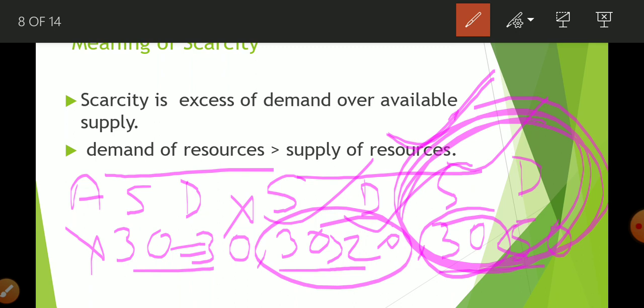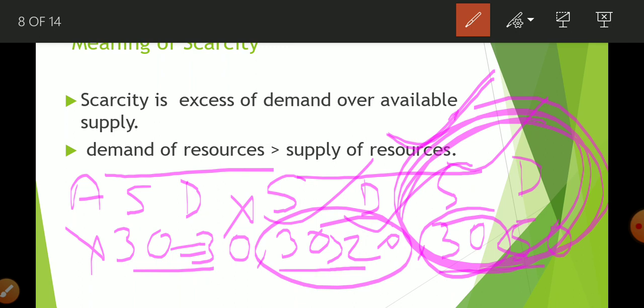So the availability of water is more compared to its demand. That is why we are not required to pay money for water. But if you talk about drinking water or RO water, obviously you have to pay. Why? Because the availability of drinking water is only 1 or 2% on the earth, which is too little according to its demand. So drinking water becomes scarce.